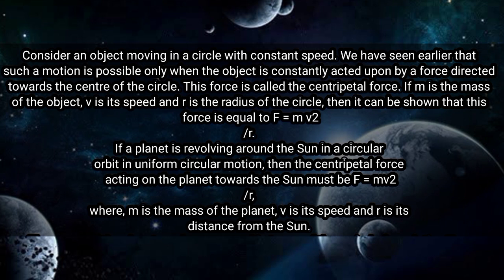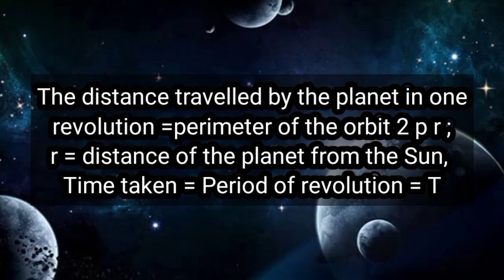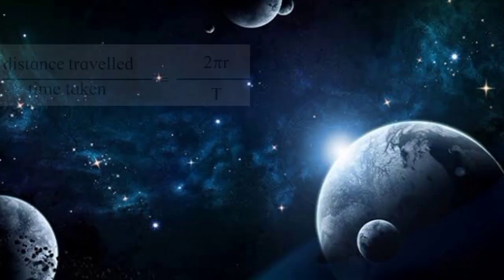The speed of the planet can be expressed in terms of the period of revolution T as follows. The distance traveled by the planet in one revolution equals the perimeter of the orbit, 2πr, where r equals the distance of the planet from the Sun, and the time taken equals the period of revolution, T.